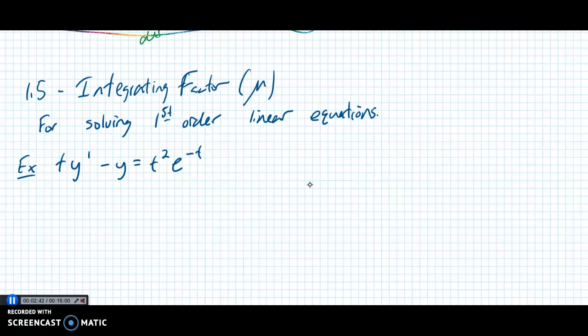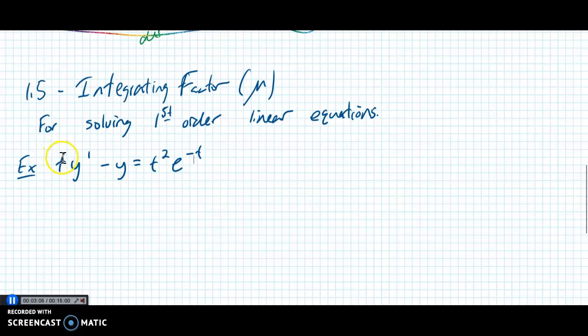So this is linear. Why is it linear? Because all the t stuff doesn't affect whether it's linear or not, right? This right side over here, there's no y's or y primes. So this guy does not have to be linear. But look, I've got a y, that's linear because it's got a coefficient of 1. And then you may say, well, what about this y prime?